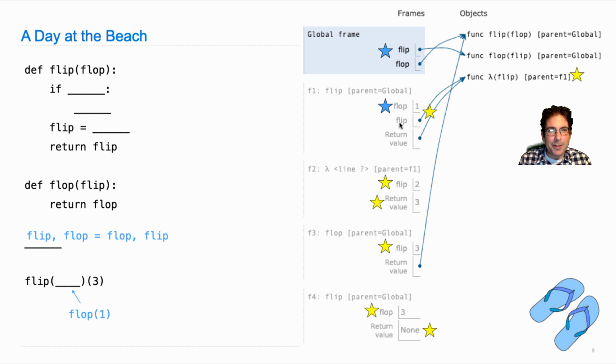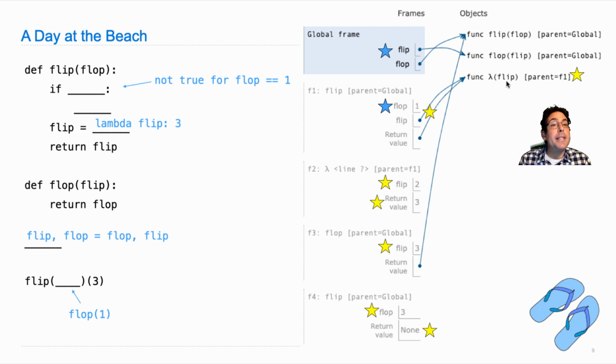Now we need to make sure that flip gets bound to a lambda function and that lambda function gets returned. We have the lines of code to do that here, so I think we kind of want to avoid this entirely. So when flop is equal to 1, we don't really want to deal with whatever this is. Instead, we want to assign flip to some lambda.